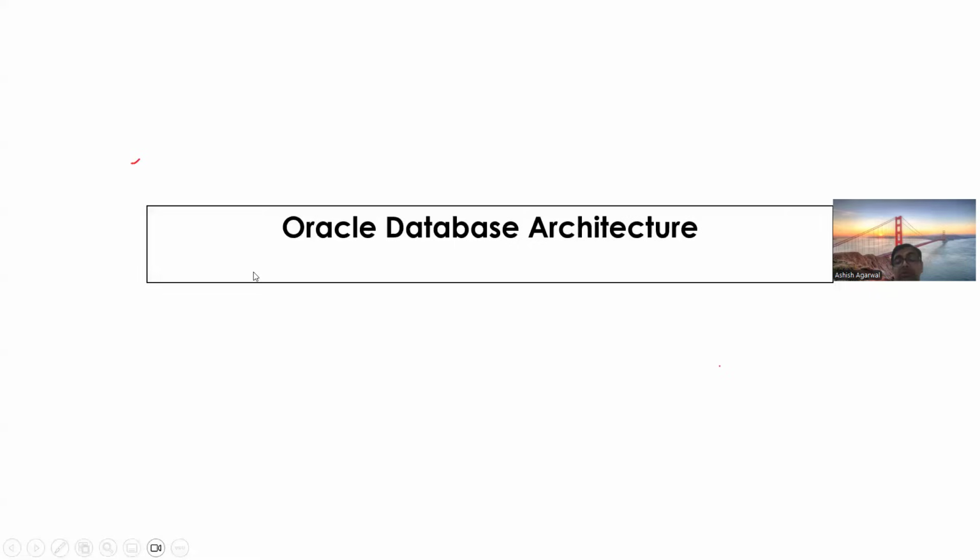Okay. So let us start with Oracle database architecture. So first of all, guys, AI. What is AI? AI is artificial intelligence. We have been using AI in today's world a lot. Many of you or some of you must already have Alexa or Google at home, right?